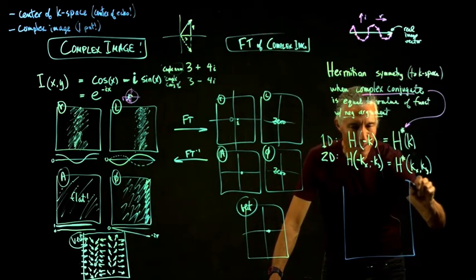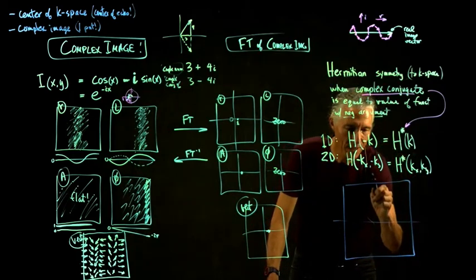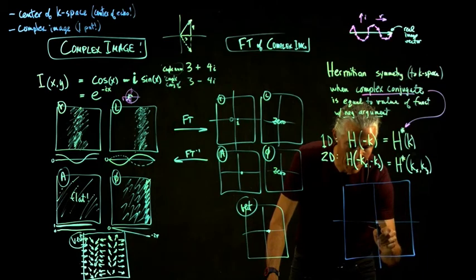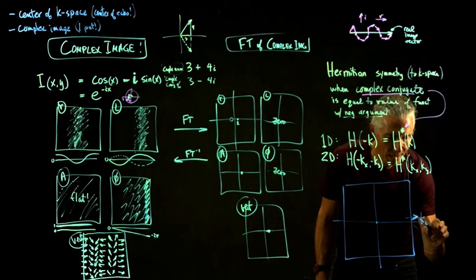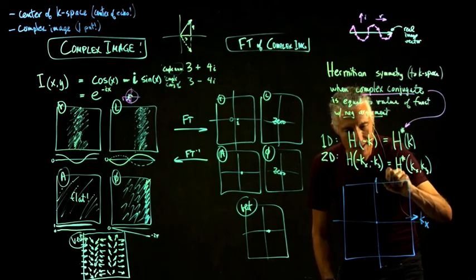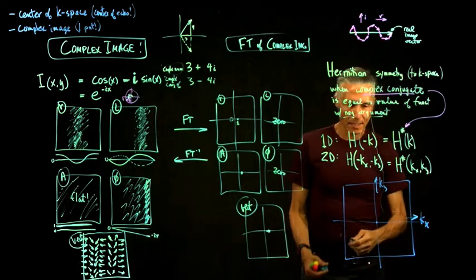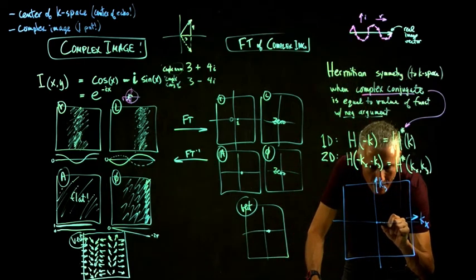If we've got our Fourier transform here, there's the center of kSpace, and this is the kx direction, and this is the ky direction. Let's take a particular kx and ky, so let's go out here.